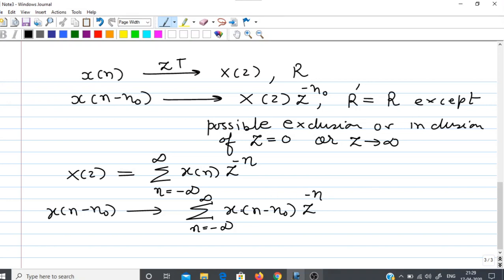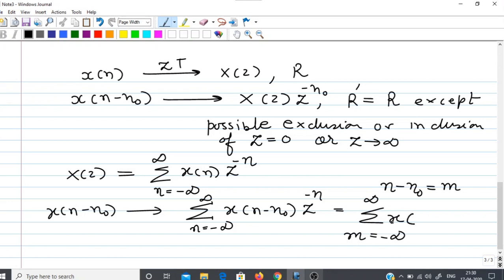Now in this summation, I make a change of variable and assume n minus n naught is m. Then this summation would be over m. If n is minus infinity, m will also be minus infinity. And if n is plus infinity, m will also be plus infinity.